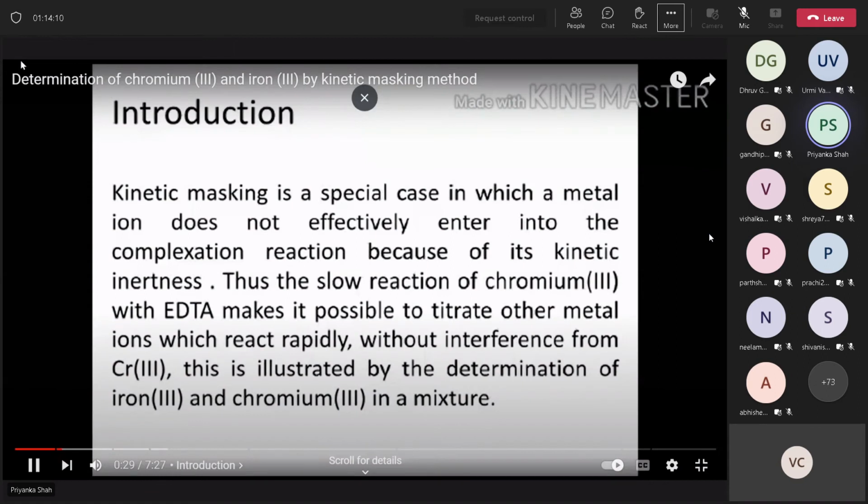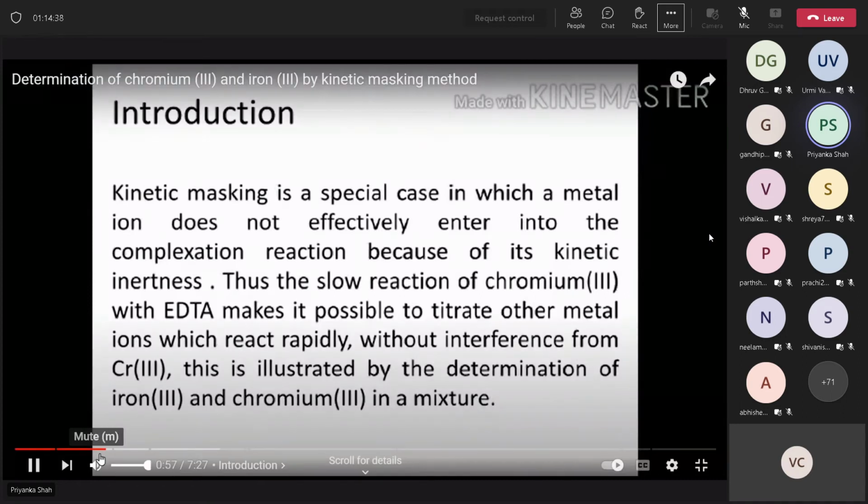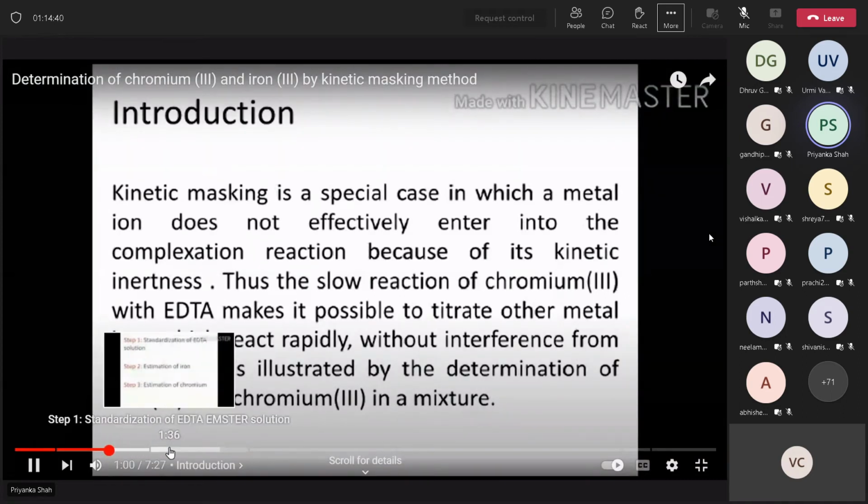Kinetic masking is a special case in which a metal ion does not effectively enter into the complexation reaction because of its kinetic inertness. Thus, the slow reaction of chromium 3 with EDTA makes it possible to titrate other metal ions which react rapidly, such as iron 3, without interference from chromium 3. This is illustrated by the determination of iron 3 and chromium 3 in a mixture by the kinetic masking method.